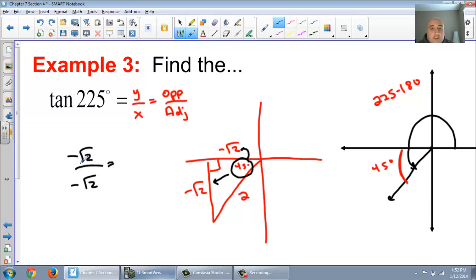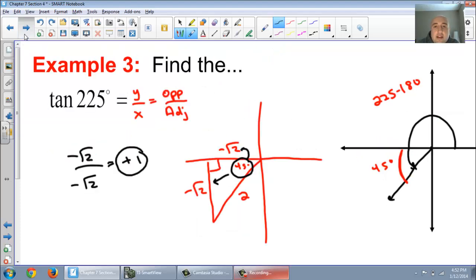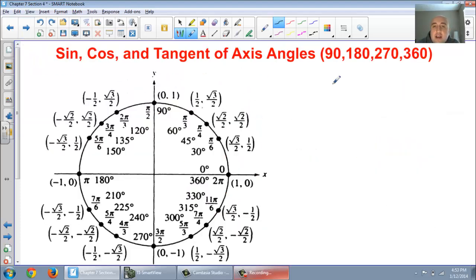And hopefully you see that negative root 2 over negative root 2 is positive 1. Positive 1. We can't really check that on the unit circle, but I will talk more about this at a later time.